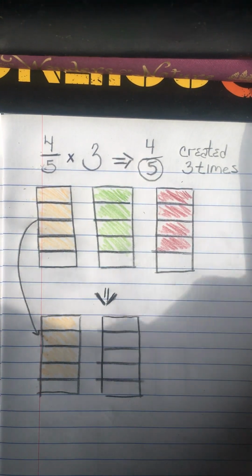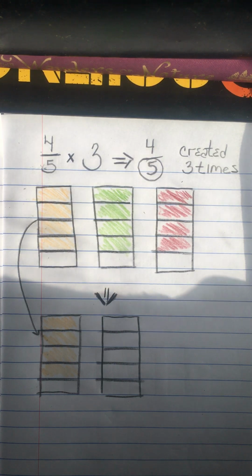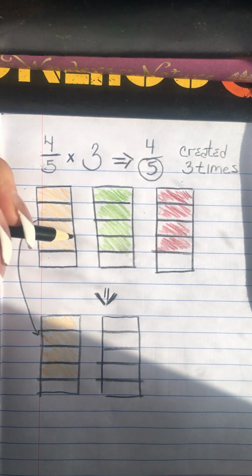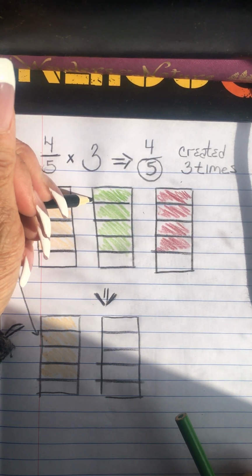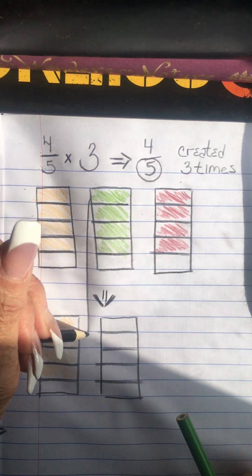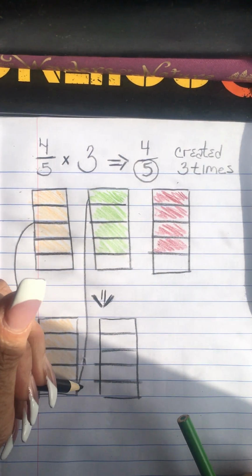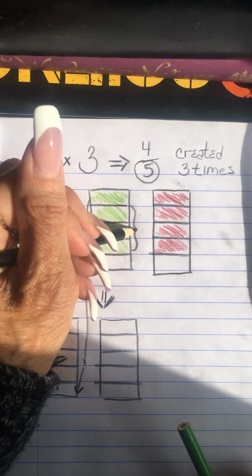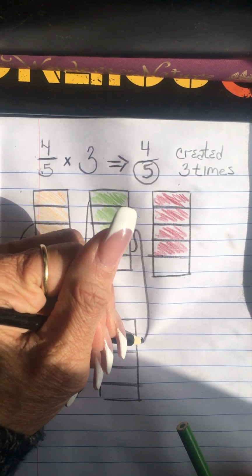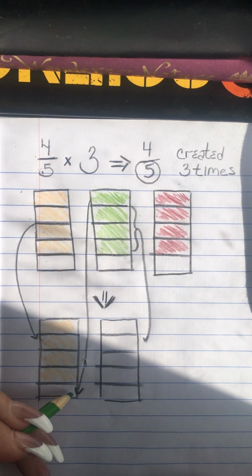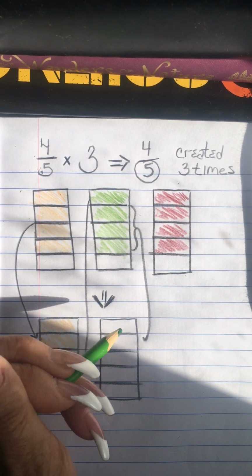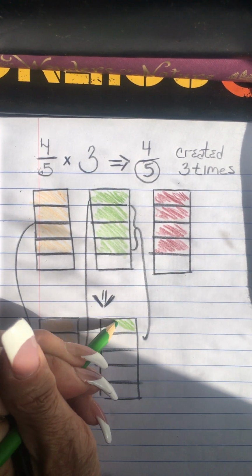I have 1 left over, and I'm going to use 1 of the greens here. And then I'm going to take the other 3 greens and put them here. So I'm going to put 1 of the greens here, and then I'm going to put the other 3 here.